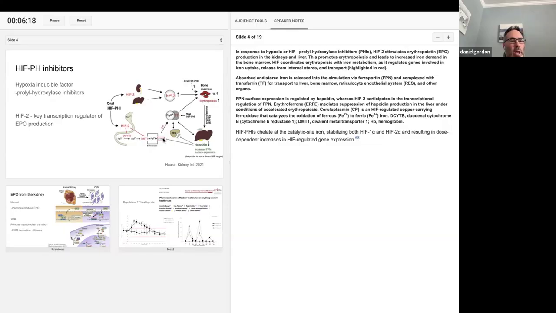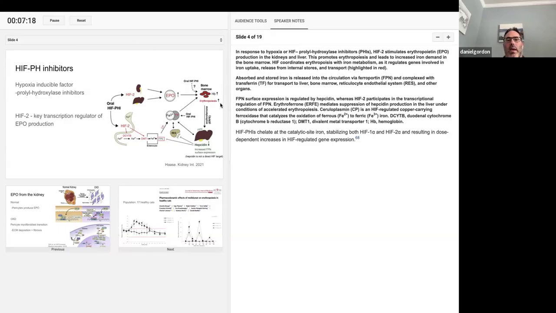So when these HIF PHIs are administered, we get an increase in expression of HIF2 in the kidneys and the liver, which increases EPO production and the bone marrow response.